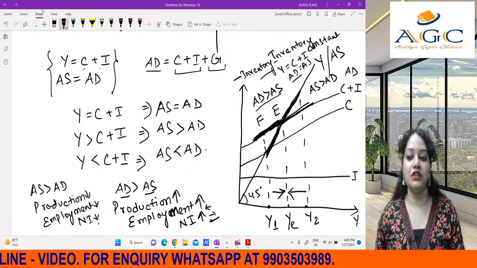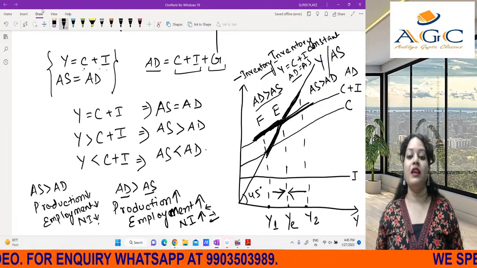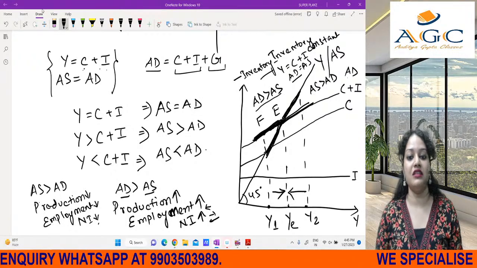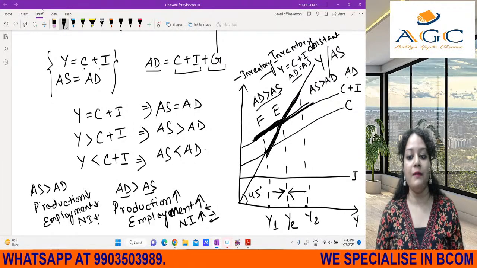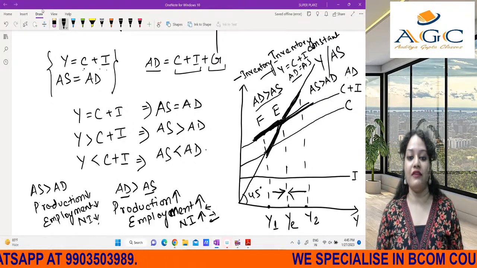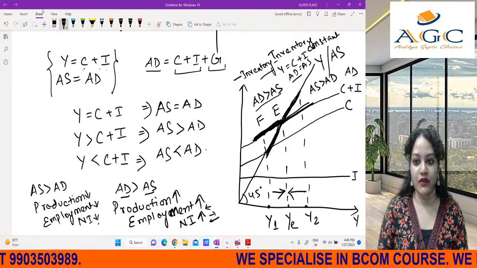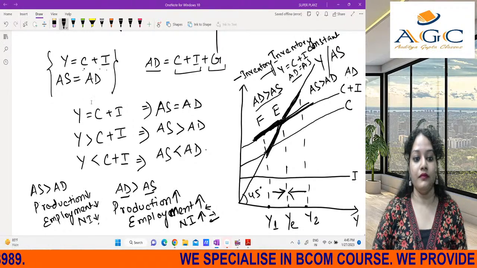Same for here, if your supply is more than your demand, whatever question comes, you have to write the answer from all the three perspectives: equilibrium level of income, if it is more, if it is less, everything you have to write in the answer. I hope it's clear to everyone. Okay.